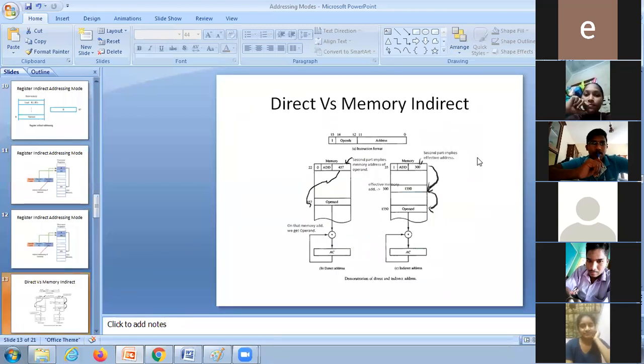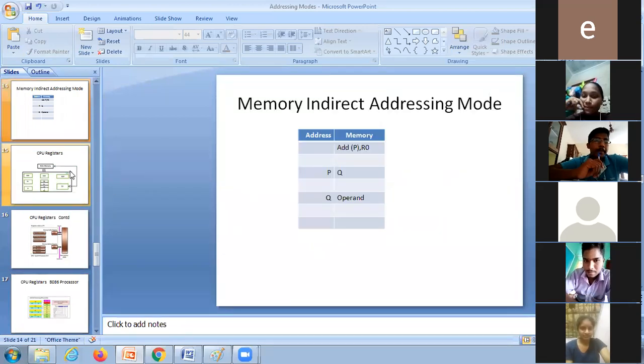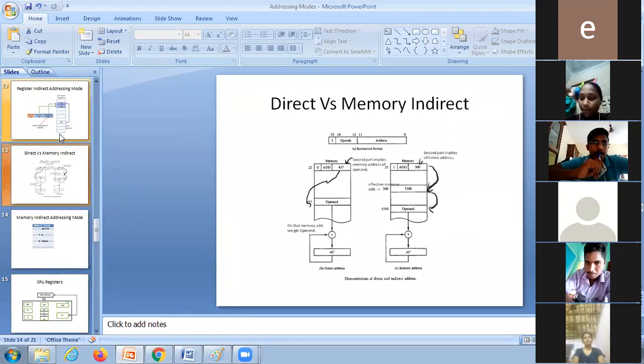Now are you comfortable with indirect addressing mode? Okay. So I think you are comfortable with indirect addressing mode, that is register indirect addressing mode.